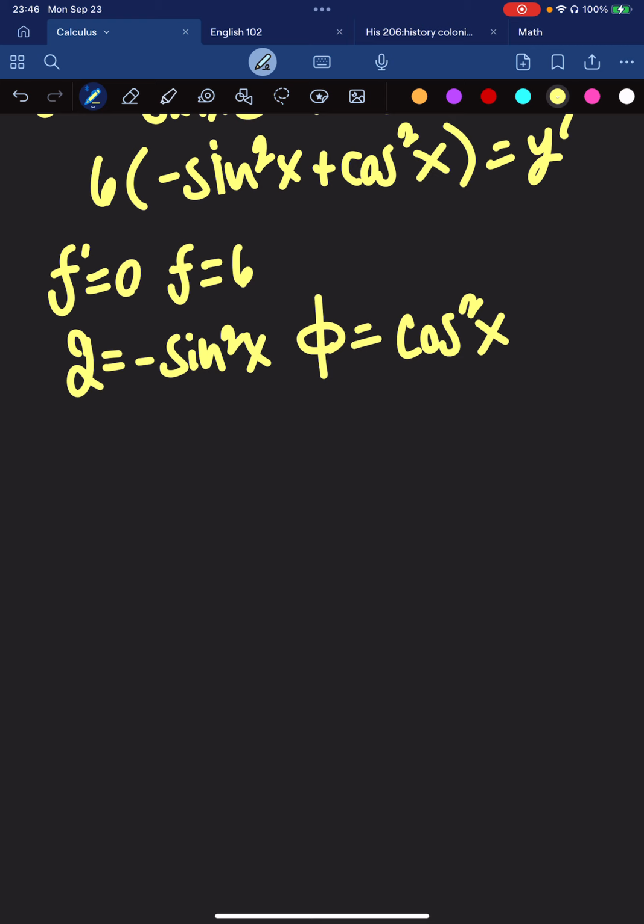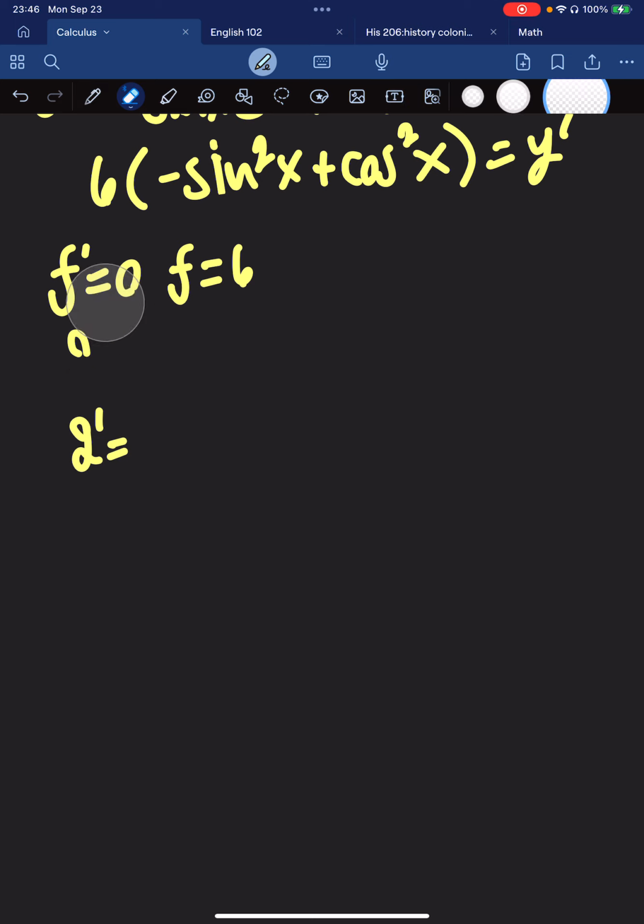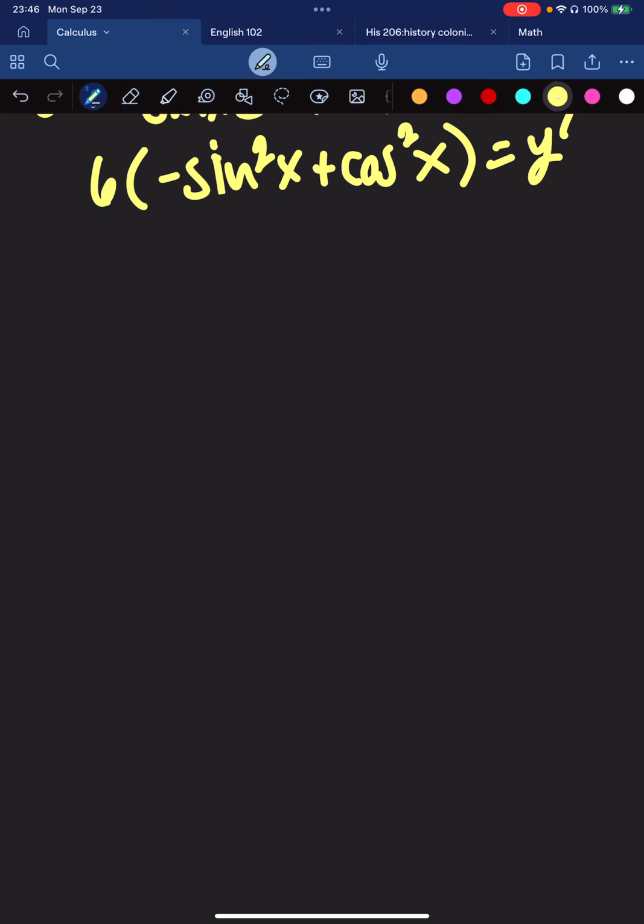All right, so let's go ahead and differentiate g prime. Let's make our lives a little bit easier and distribute that 6. So we have negative 6 sine squared x plus 6 cosine squared x.